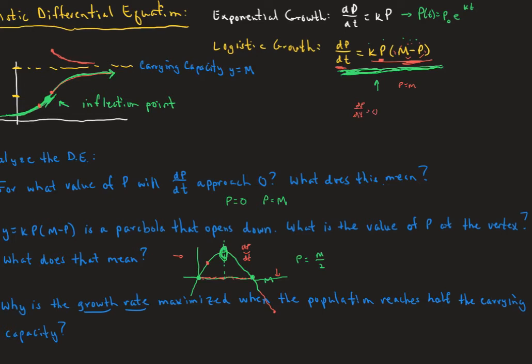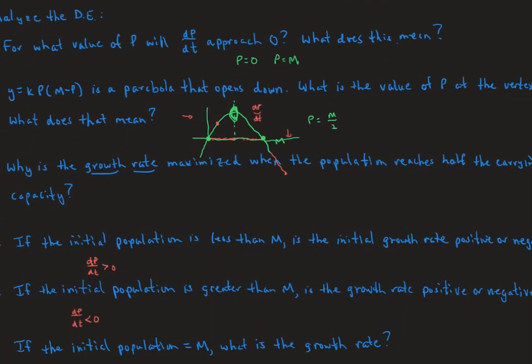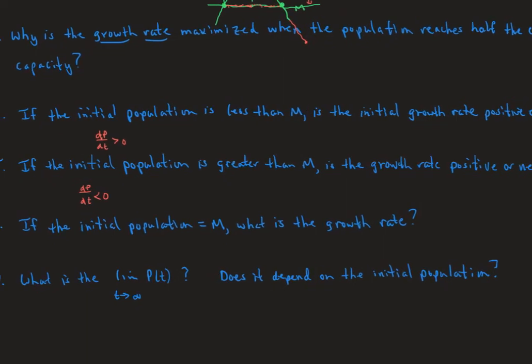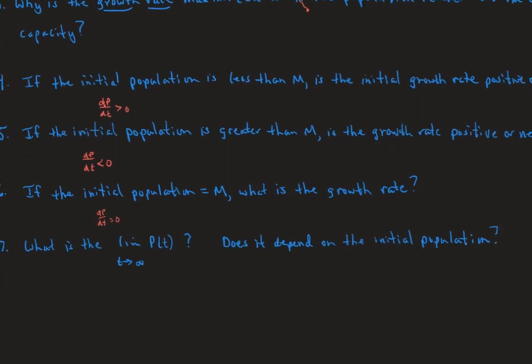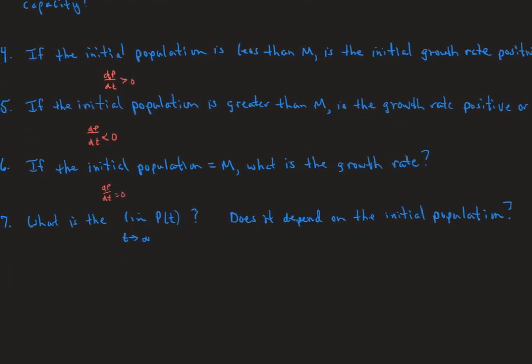We can also see it on our graph. If we started right there on that asymptote, then it's going to want to stay right where it is. So to answer the question, the dP/dt would be equal to 0. It doesn't want to grow, nor does it want to shrink.